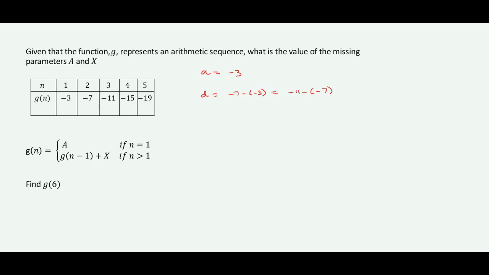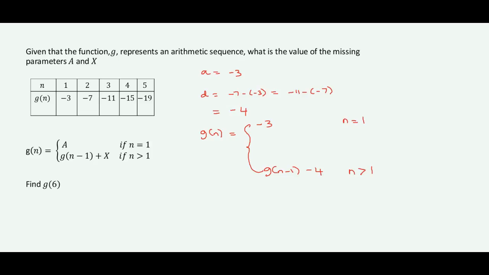You do this just to confirm that it's a common difference. So we have negative 4. So g of n is equal to A, negative 3, when n is equal to 1, and g of n minus 1, minus 4 when n is greater than 1. So this is how you get your value.